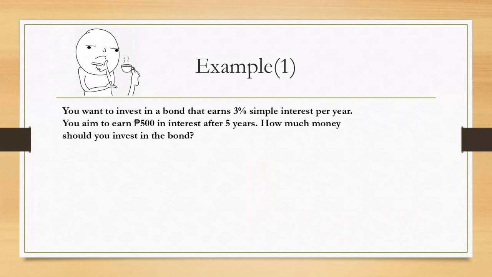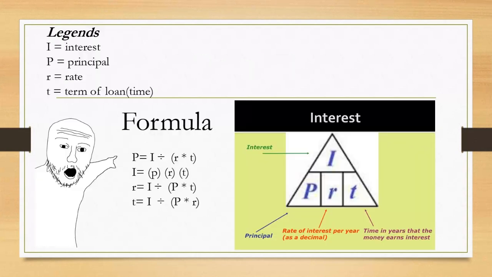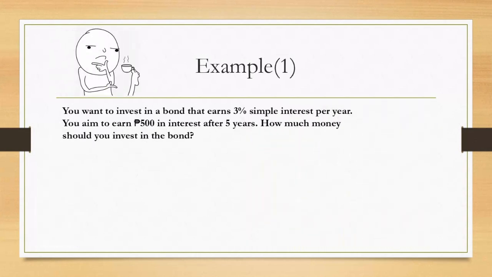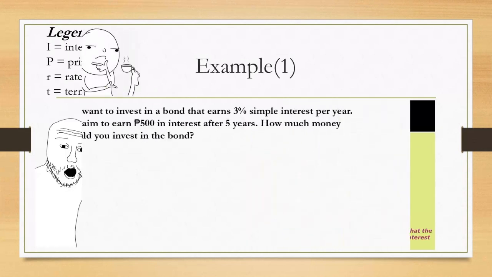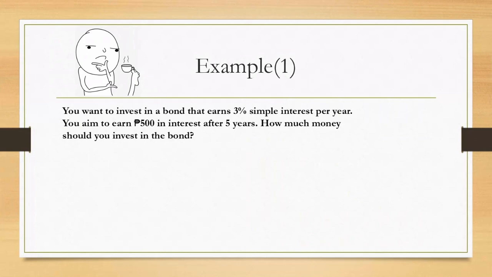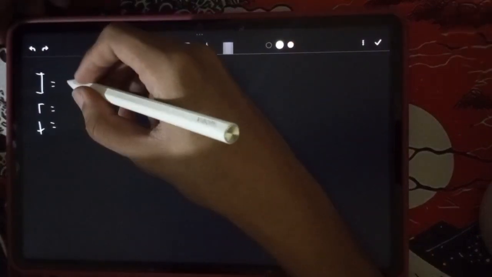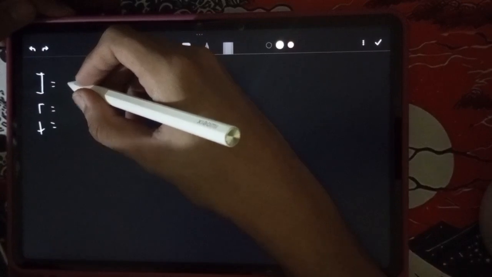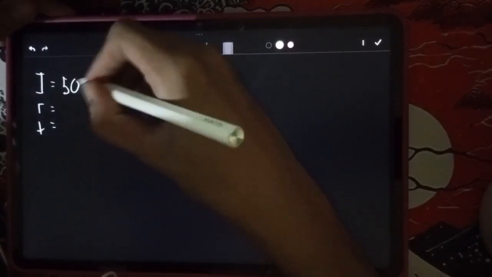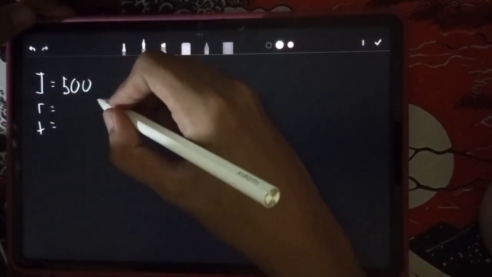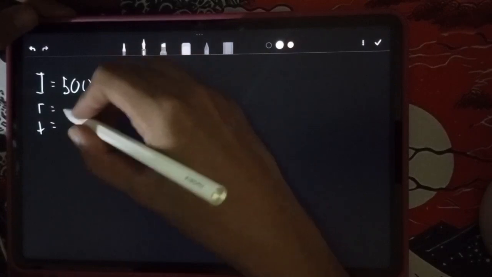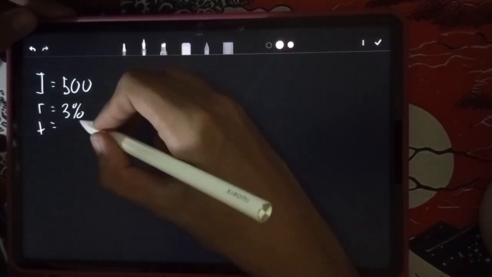You want to invest in a bond that earns 3% simple interest per year. You aim to earn 500 pesos in interest after 5 years. How much money should you invest in the bond? So we can see in the problem that the interest is 500, the rate is 3%, and time is 5 years.